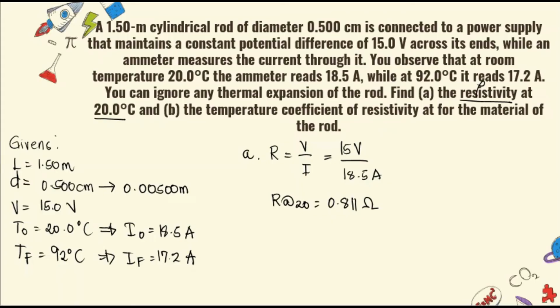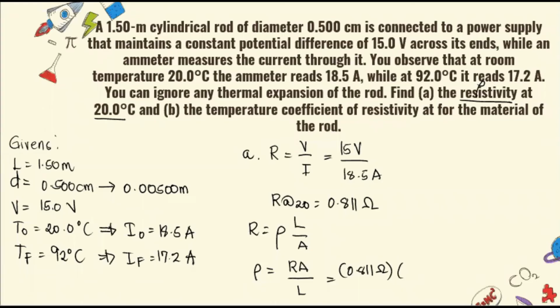Okay, so we can compute the resistivity using the equation R is equal to rho L over A. If we are going to rearrange this formula, rho is equal to RA over L. So substitute natin yung mga given, 0.811 ohms, multiplied by the area.